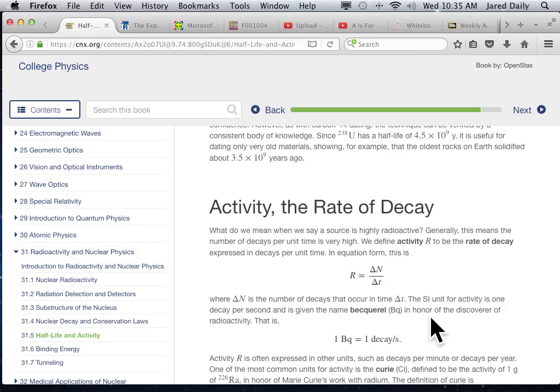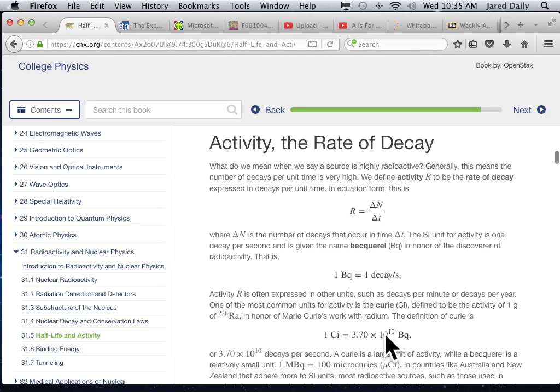The name of the unit is the becquerel, and 1 becquerel is 1 decay per second. So if you're seeing one radiation event coming out every second, then you have 1 becquerel of activity. The problem is a lot of things have a lot of becquerels of activity. And so we often use the curie, which is actually 3.7 times 10 to the 10 becquerels. So we use that unit as well for activity.